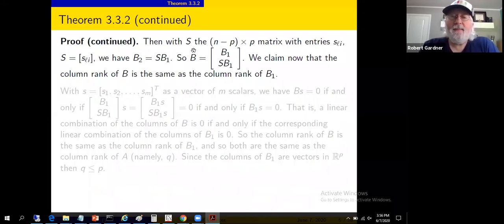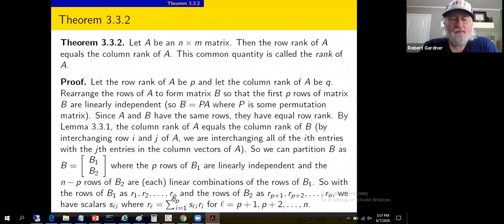Then I'm going to make a matrix, capital S, an N minus P by P matrix. Let the entries be those S sub Li's. Define matrix S to be the S sub Li's. I want to check real quick the dimensions. We should have L ranging from 1 to N minus P, and I ranging from 1 to P. Let's back up and see.